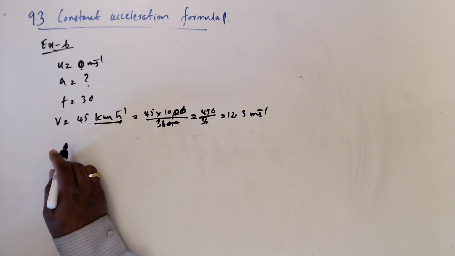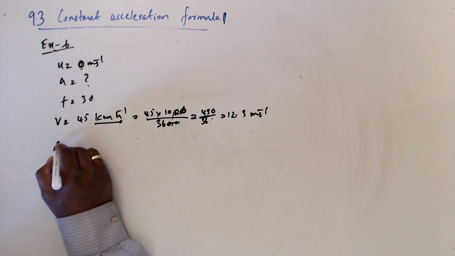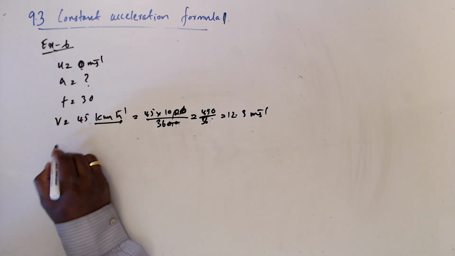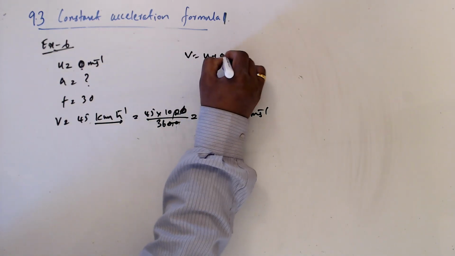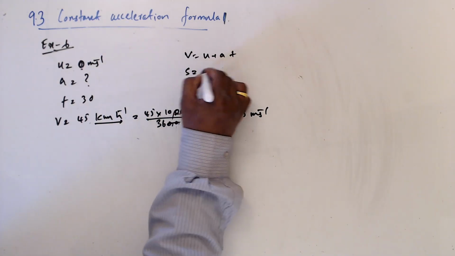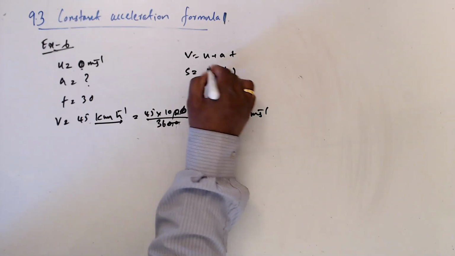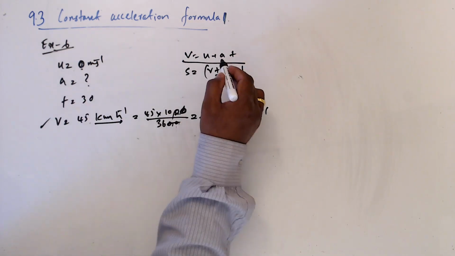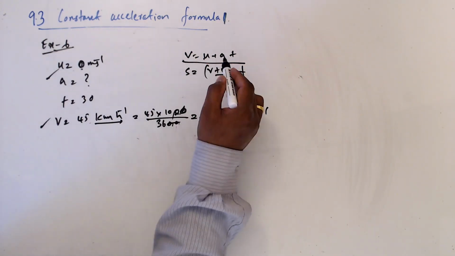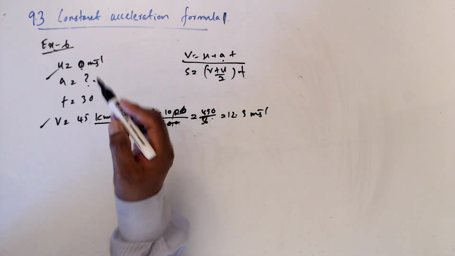And the acceleration of the car. We have two equations in hand: V equals U plus AT, and S equals (U plus V) divided by 2 times T. For acceleration, we have U, we don't know A, and T is given.